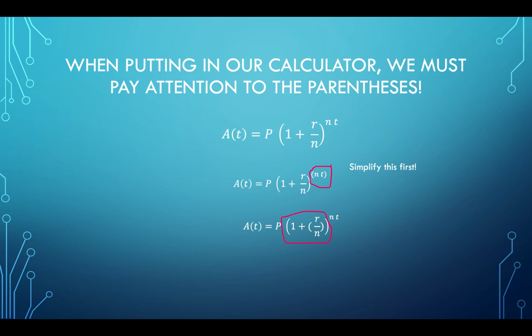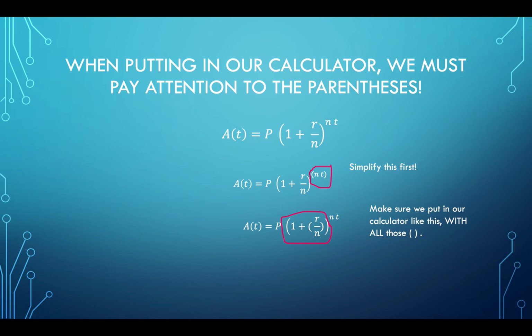Then we get a number, and then what I like to do next is put the little power symbol, or the caret button on our calculator, and then whatever I got when I multiplied n times t together. Once you raise it to that exponent, you're always going to get some form of a decimal. Then you multiply that decimal by whatever our principal amount was.